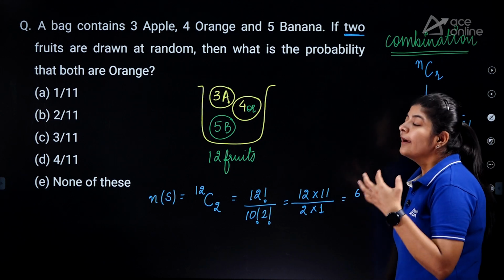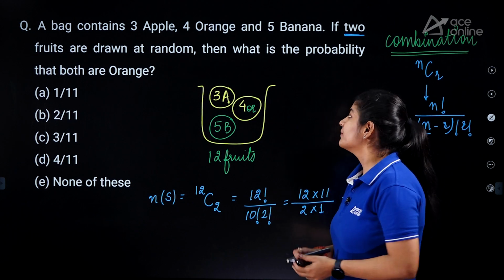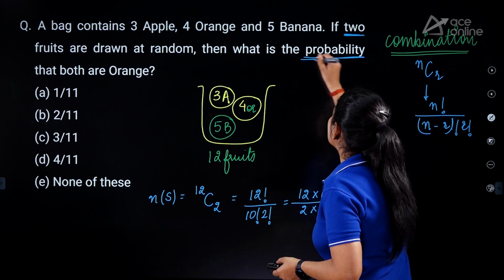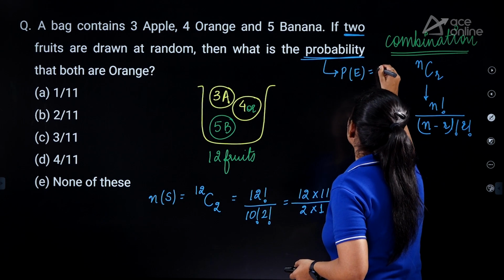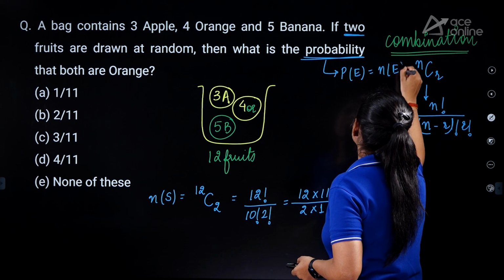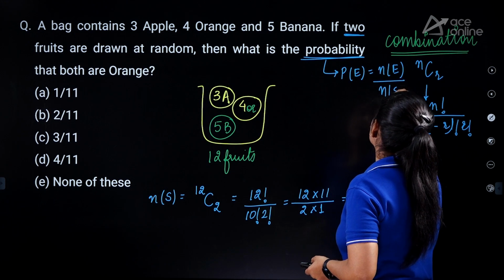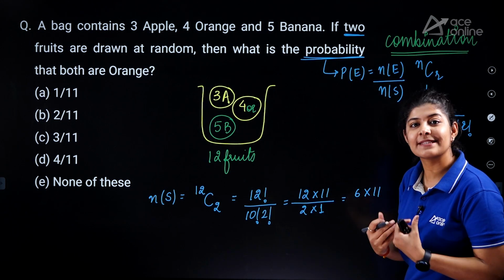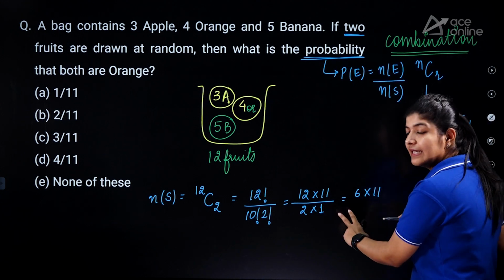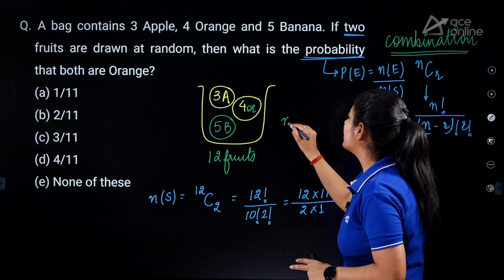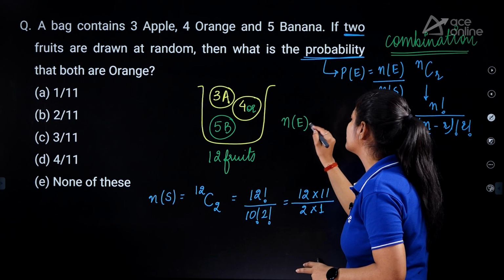Now, what is our favorable condition? Because I know that I have to find out the probability, and the probability says that I need to find out my favorable condition and I have to divide it with the sample space, right? So we are having our sample space. But we need to determine the favorable conditions.